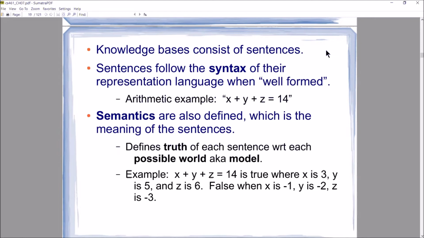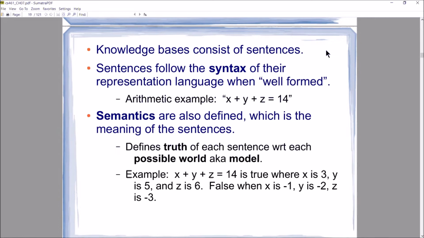So you have a model, which is basically a collection of variables that are assigned truth values, true or false. The particular configuration of those variables and their truth values make up a possible world.